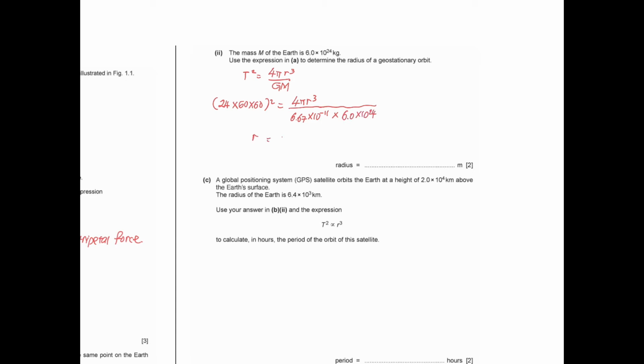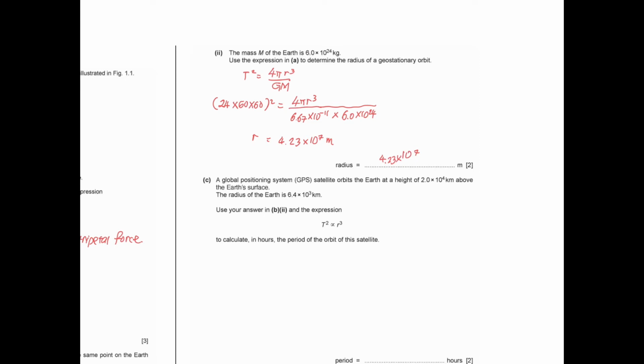Count R, you get 4.23 times 10 to the power of 7 meter. Okay, so this is the answer.